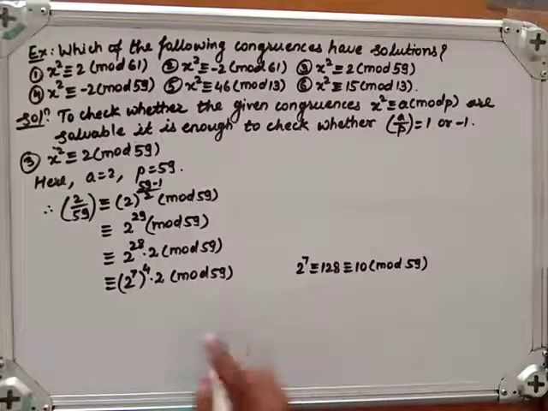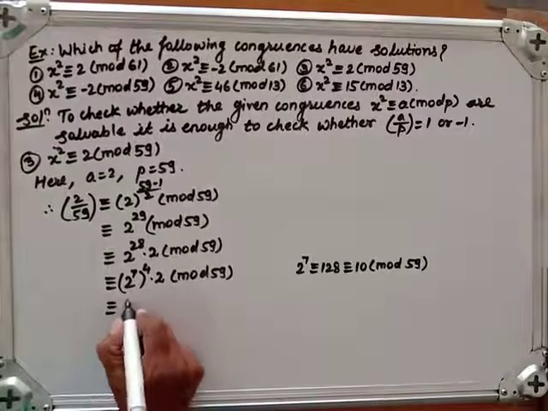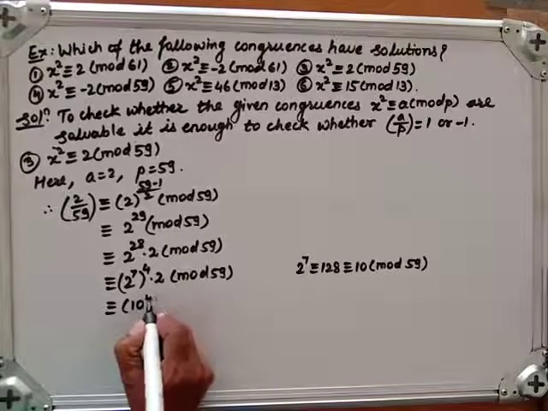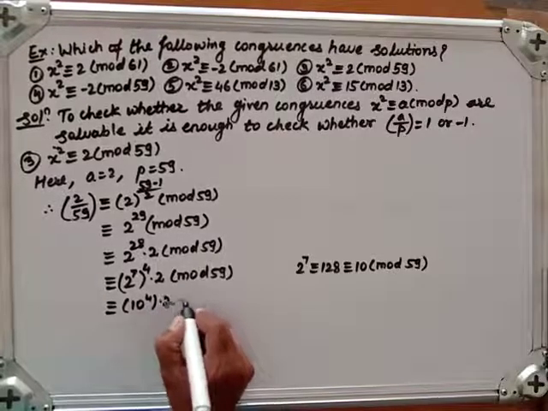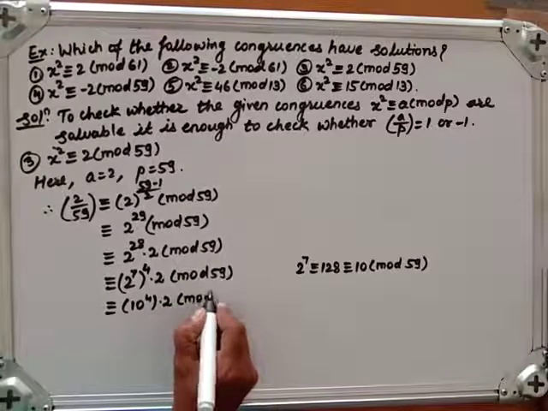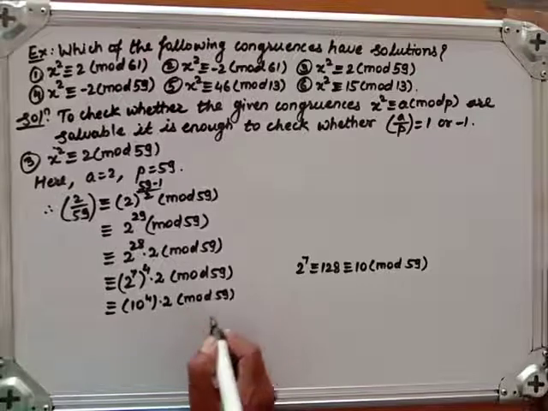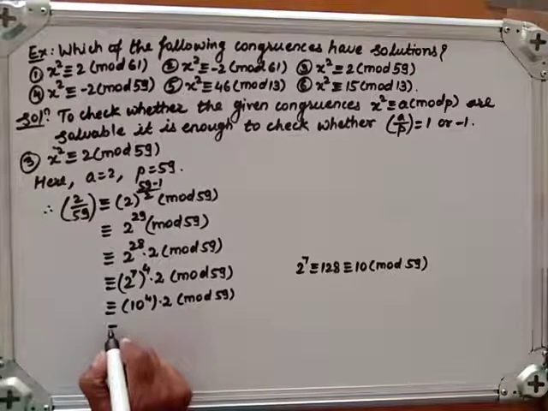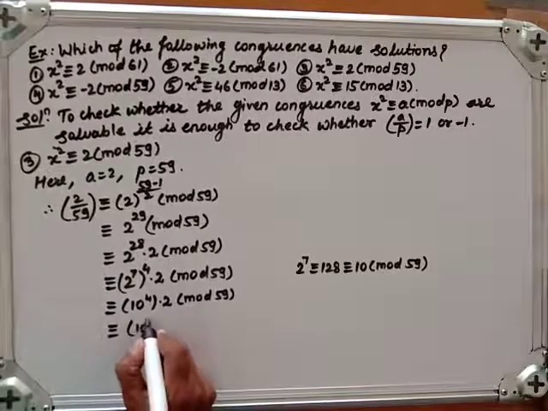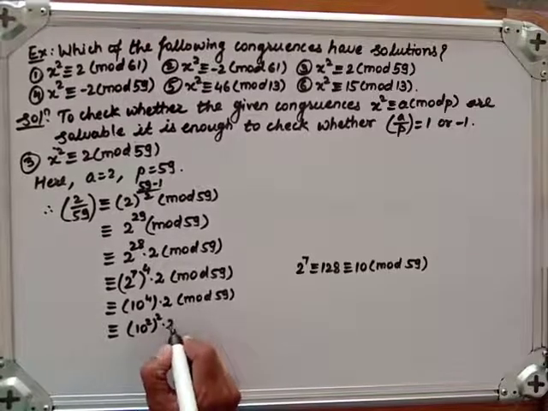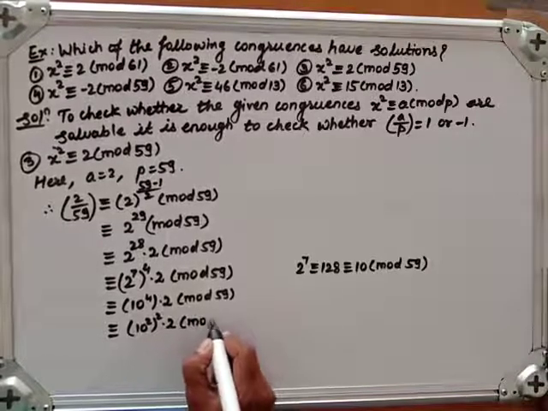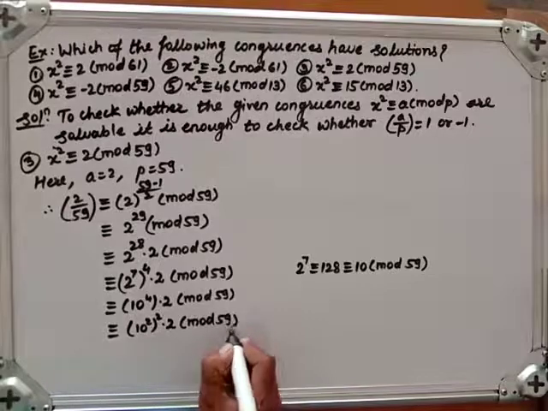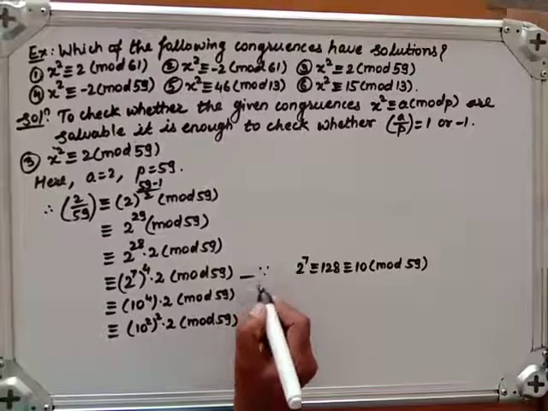Now, let's substitute this value. So this will become 10 raised to 4 into 2 modulo 59. 10 raised to 4, so that is equivalent to 10 squared, its square, into 2 modulo 59. Okay, this is the reason here.